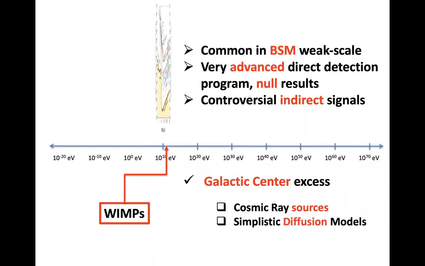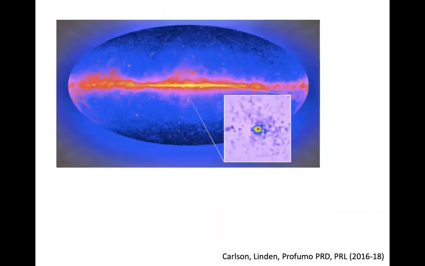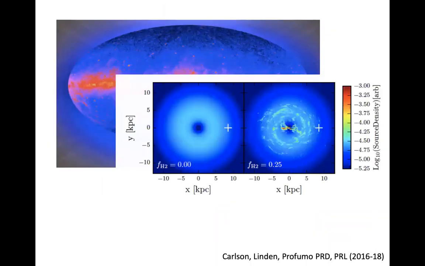The diffusion models that people employ are also very simplistic, more on that later. And as Matt did emphasize, there are unresolved gamma ray sources, while the contribution of these sources to the galactic center excess is and continues to be a hot topic of debate. So this is what the excess looks like.